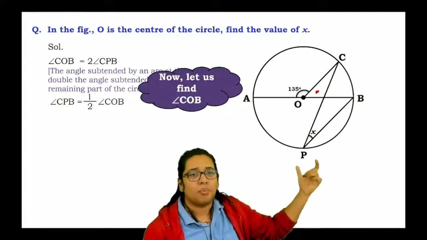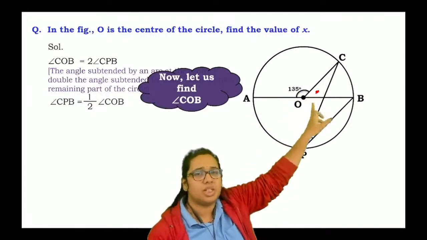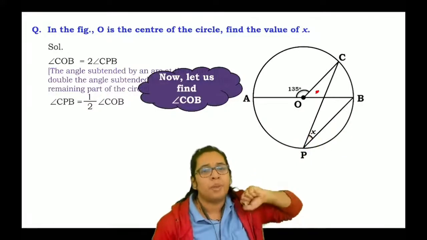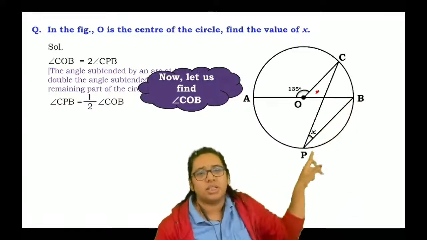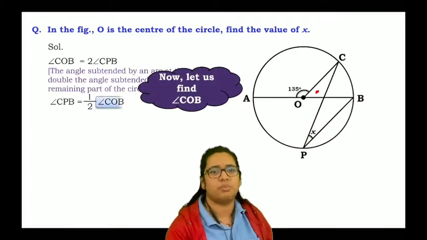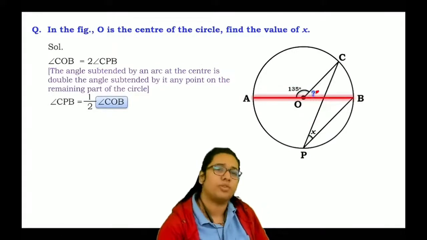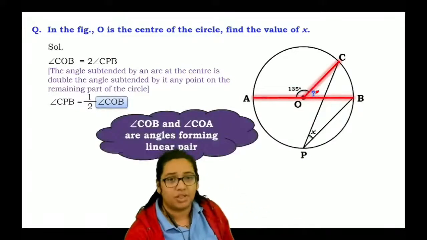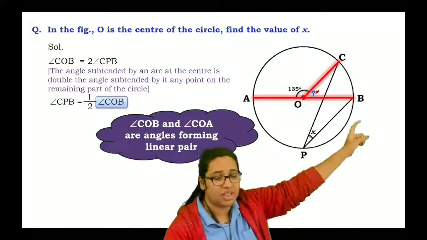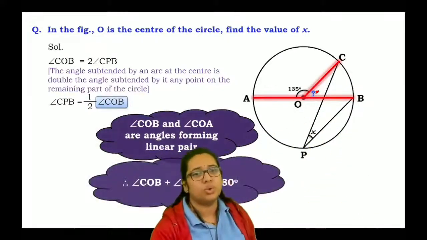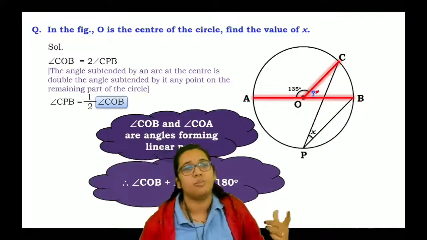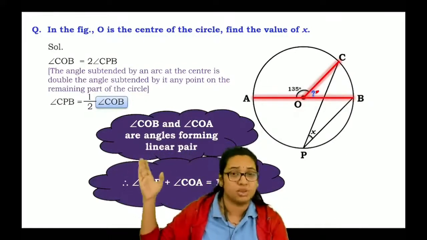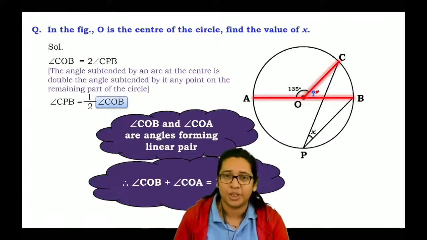So यहाँ पे आप बोल सकते हो सबसे पहले COB is equal to twice of CPB. But next is that जो ये आपको करना है प्रूफ. CPB is nothing but half of COB. But AOB is nothing but a diameter. मतलब ये आपकी रहेगी कोई एक लाइन. So AOC and POC are nothing but neighboring angles. याद आ रहा है ना? हमने सब किया था एंगल लाइन के बारे में.